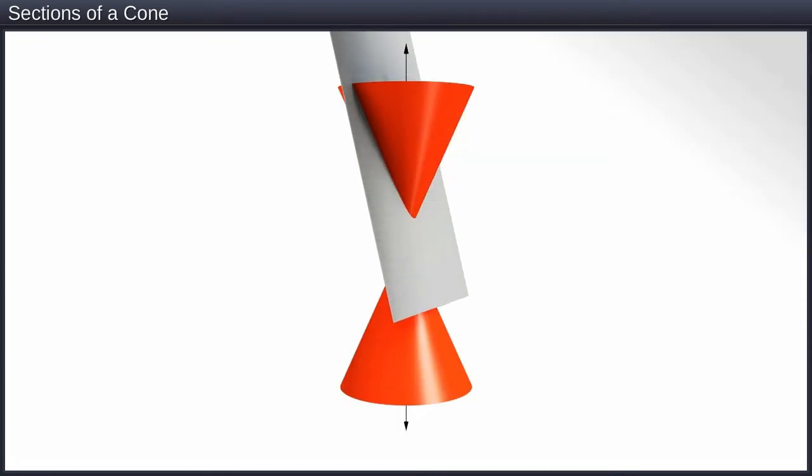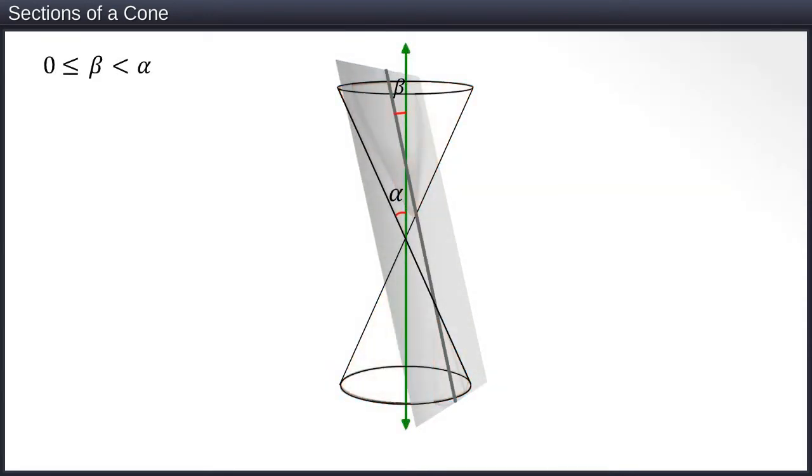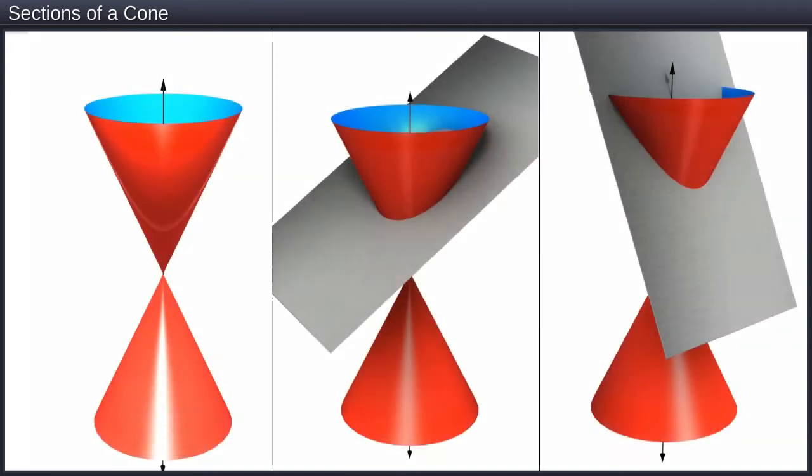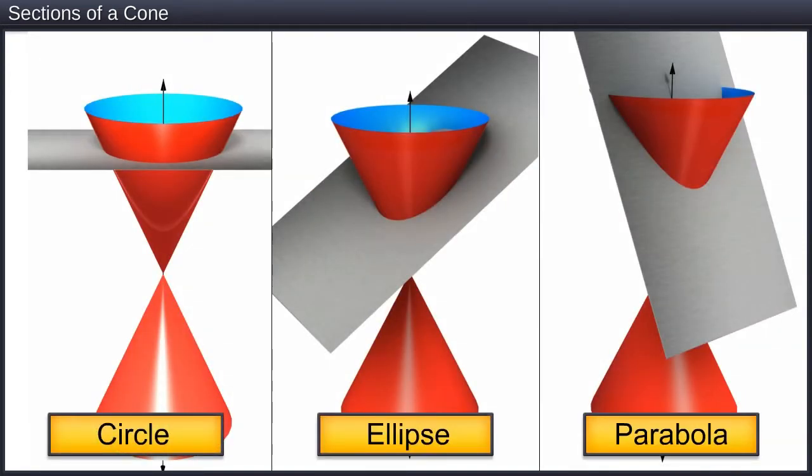If the plane intersects the cone such that angle beta is less than angle alpha and greater than or equal to 0, the plane cuts across both nappes of the cone, and the resulting conic section is a hyperbola. Observe that in the formation of conic sections in the form of a circle, ellipse, or parabola, the plane intersects only one nappe of the cone.